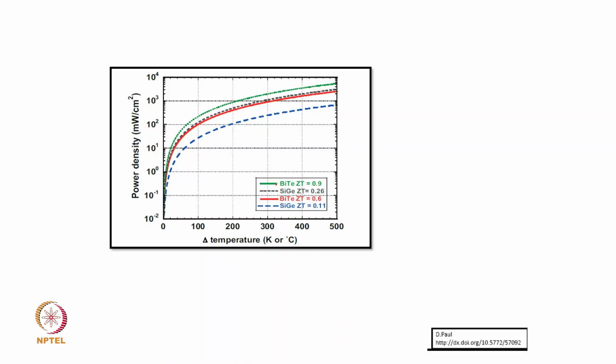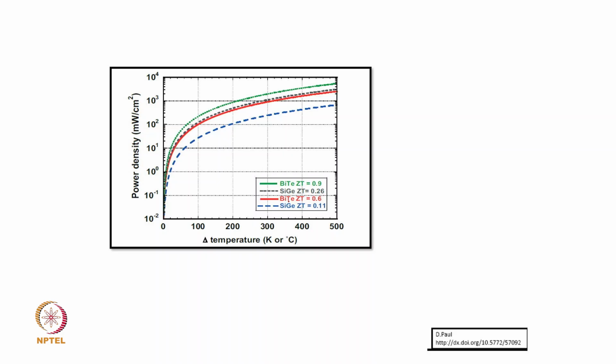If I look at bismuth telluride, and typically take a ZT value of about 0.9, then I can have a maximum power density. And if you take silicon germanide, with ZT generally low, 0.11, then I have the other end. This is the variation of power density with temperature.